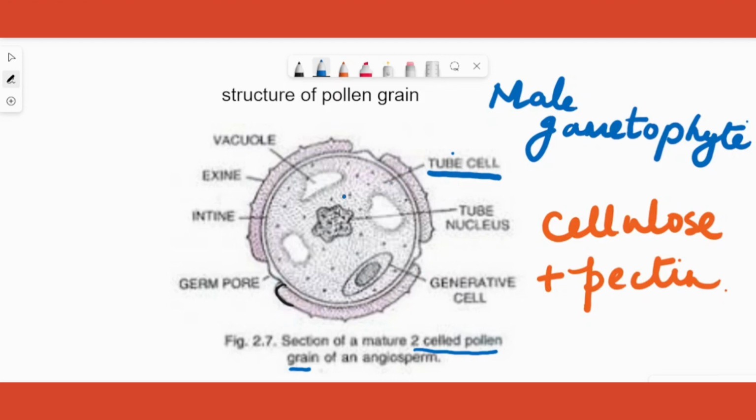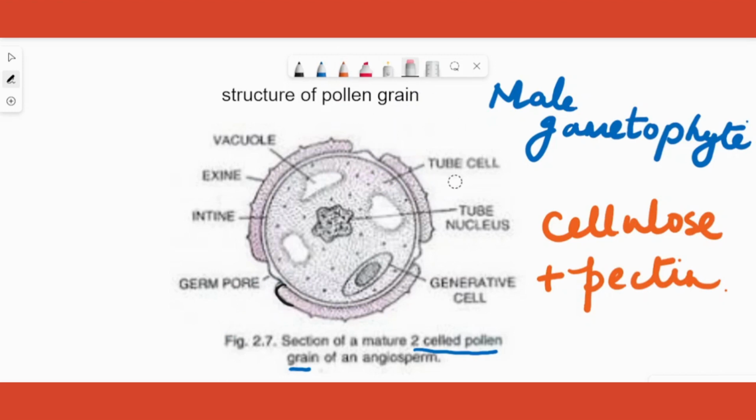This is what is going to come out of these germ pores like so. The pollen tube, like from here, let us say, it will come out. In your lab practicals, you will be doing this experiment as well. So through this, the tube nucleus or the tube cell or the vegetative cell will germinate and come out.